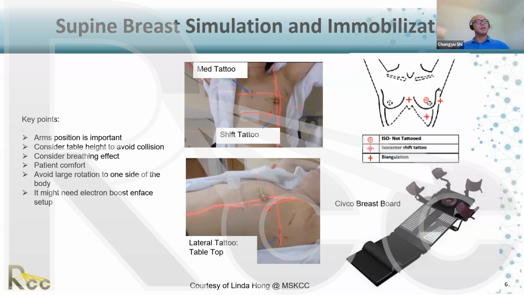Yeah, it actually depends on what kind of devices you have at your department. You have to compromise your motion control technology with what you have. It doesn't mean the most advanced one is the best one, because you may not have it. So far, deep inspiration breath hold, if the patient can do it and you have the ability, we prefer that one.